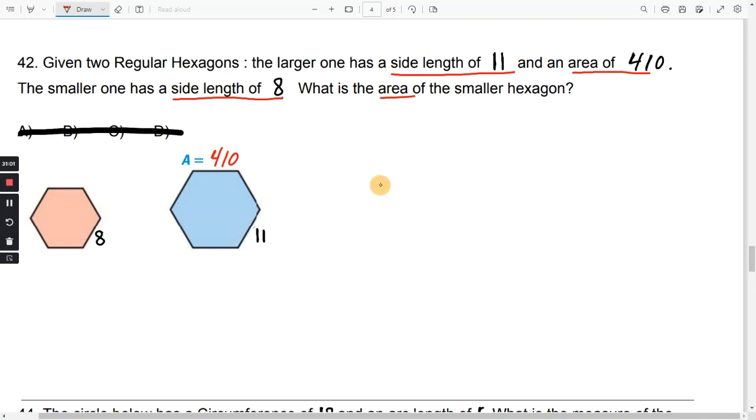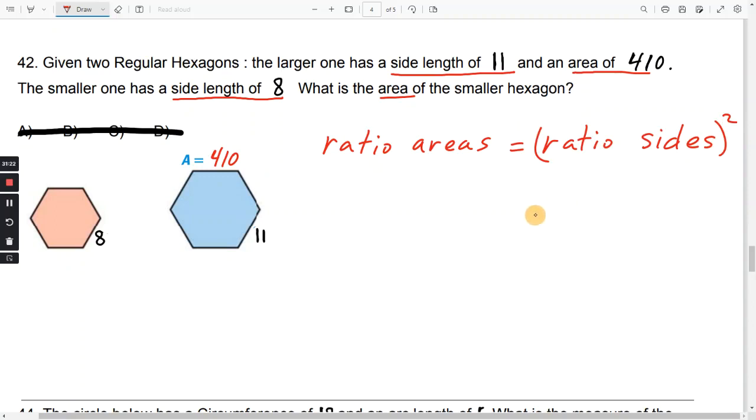But anyhow, if you want to find the ratio of the areas, what you do is you take the ratio of the sides and square it. Alright, so I am going to put the larger side length on top.